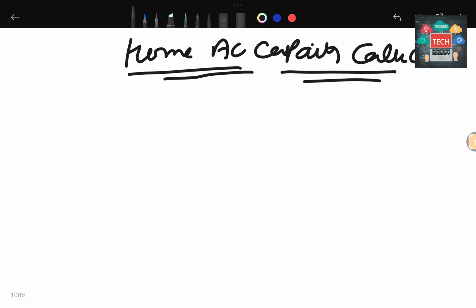For a home, you can calculate how much AC capacity you need for one room. There is one more formula for the home.